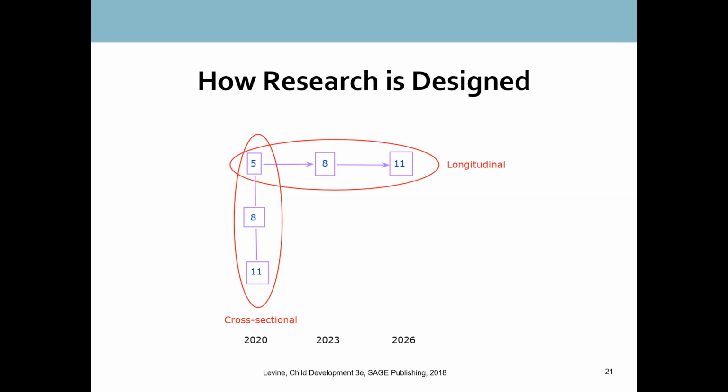Let me give you a simple example. Imagine I'm testing computer skills, and I'm doing a cross-sectional study. And just to make it real obvious, let's just say I collect a group of 10-year-olds and I measure their computer skills. I collect a group of 40-year-olds, I measure their computer skills, and a group of 70-year-olds and measure their computer skills.